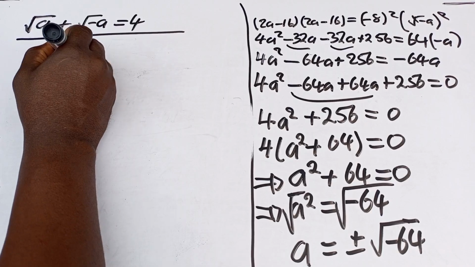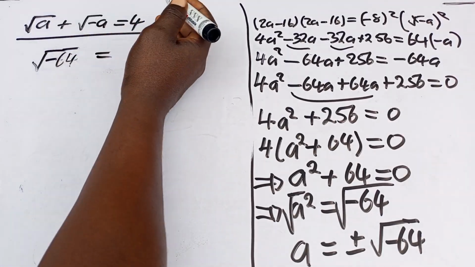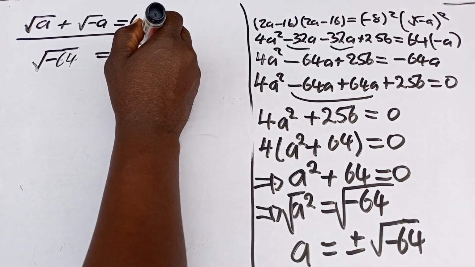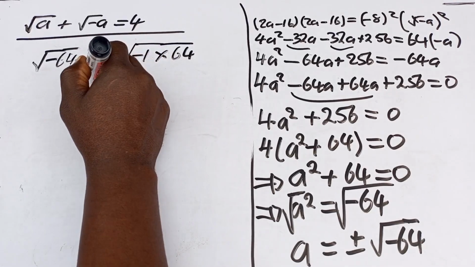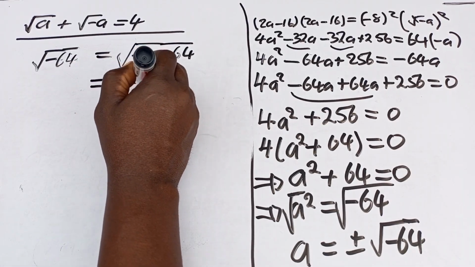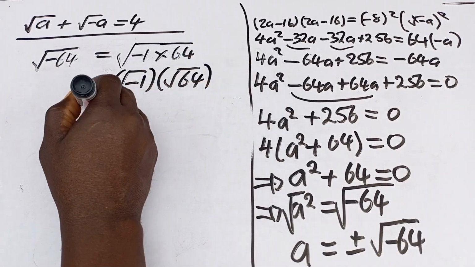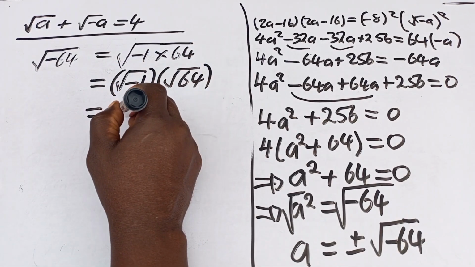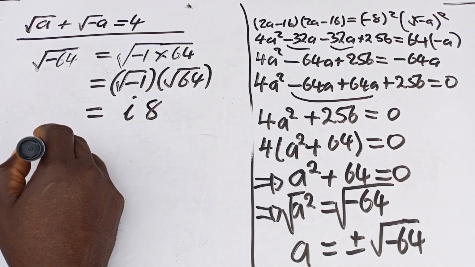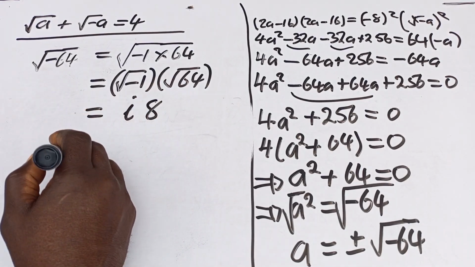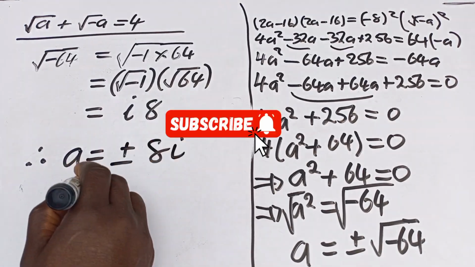Root of negative 64 can be written as the root of negative 1 multiplied by 64. That gives us root of negative 1 into root of 64. Root of negative 1 is the imaginary number i, and root of 64 is 8. Therefore, our values of a are plus or minus 8i.